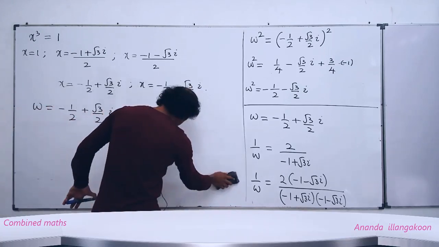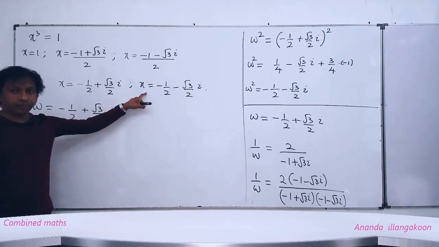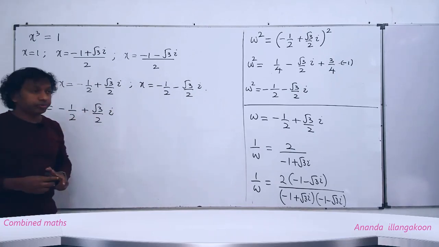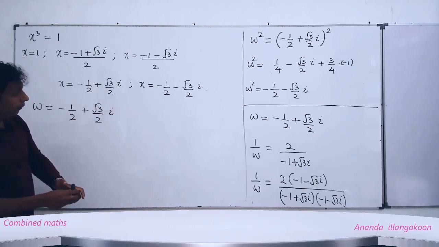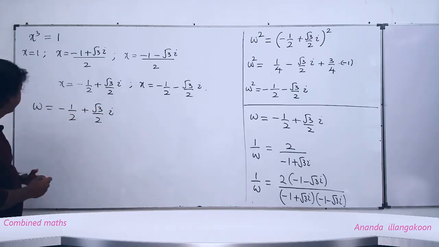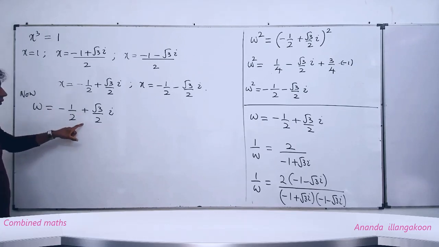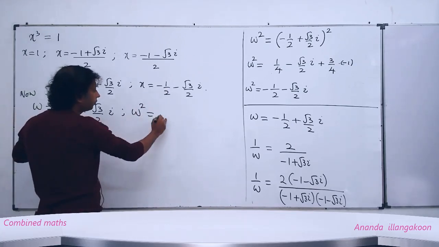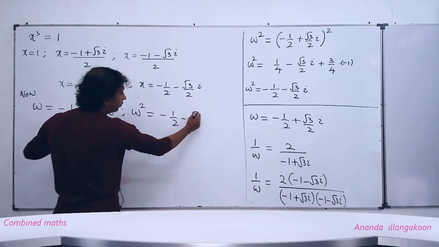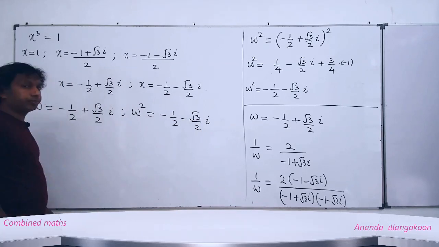Okay, next one, people. Now this is our omega squared, no? We said this as our omega squared, right? Now we can write, omega is this, omega squared is this. Right.